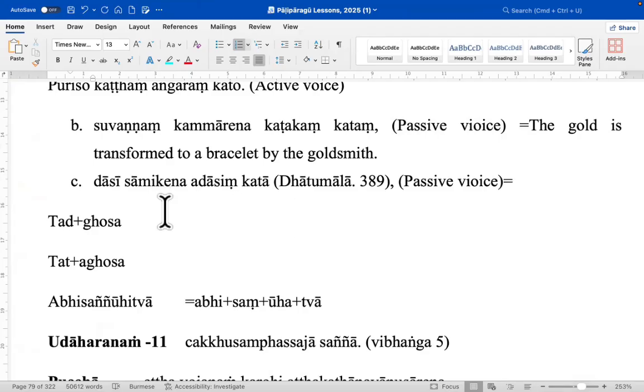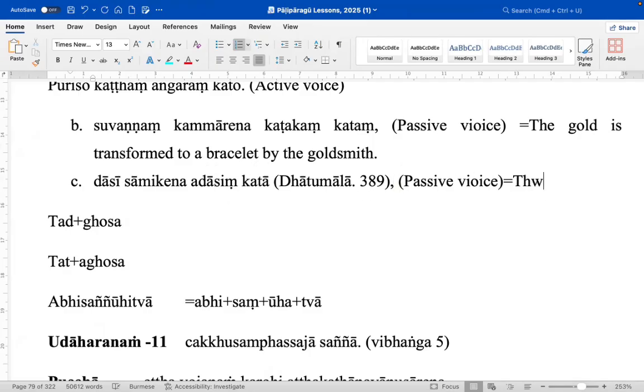Dāsī means the female slave, a slave woman. Sāmikena, by the owner, by the boss. Adāsī means non-slave. Gatā, made.